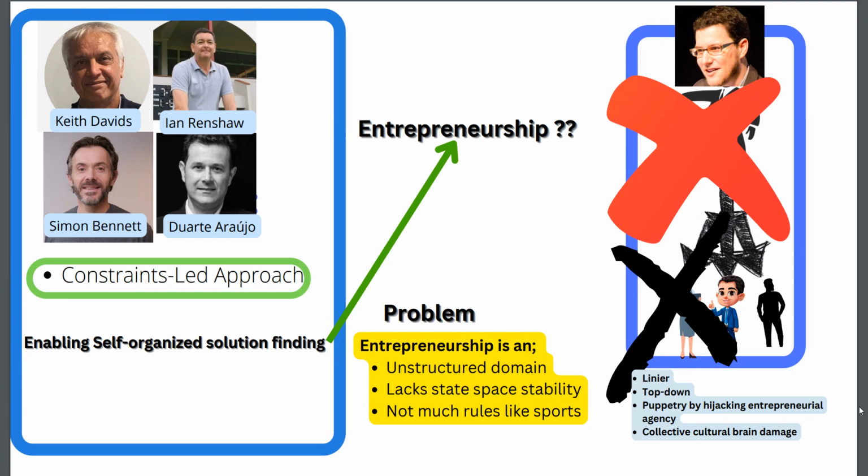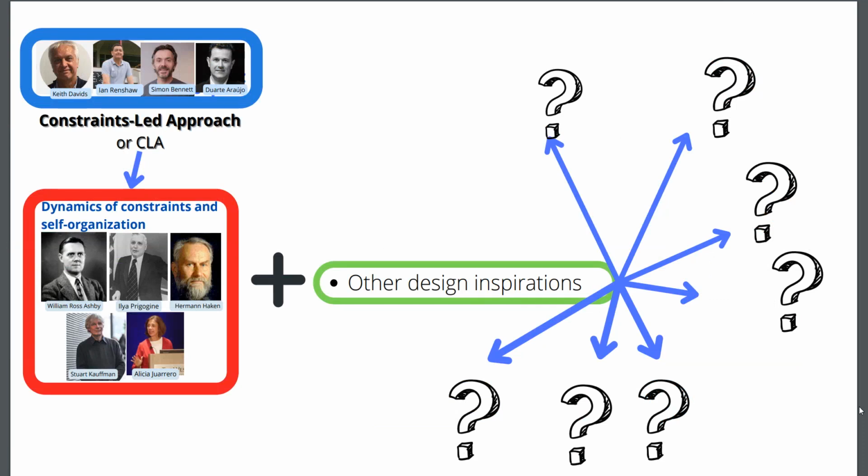Now, even though I cannot use CLA directly in the domain of entrepreneurship, the core theoretical foundation or design foundation of Eso-Loop is exactly the same as CLA. That is the dynamics of self-organization and constraints. Apart from this, for the design of Eso-Loop Framework, I took inspiration and insights from various other approaches.